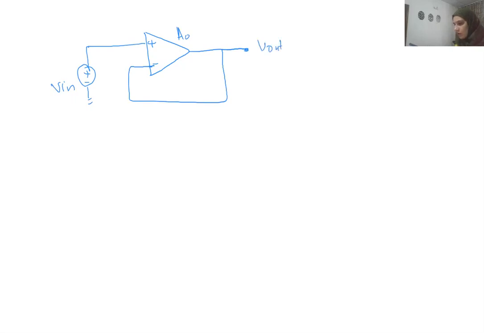This is Vn1 and this is Vn2. So my relation is that V out still equals A0 multiplied by Vn1 minus Vn2. But how is Vn2 related to V out? We can see that they are shorted with each other, so V out equals Vn2.